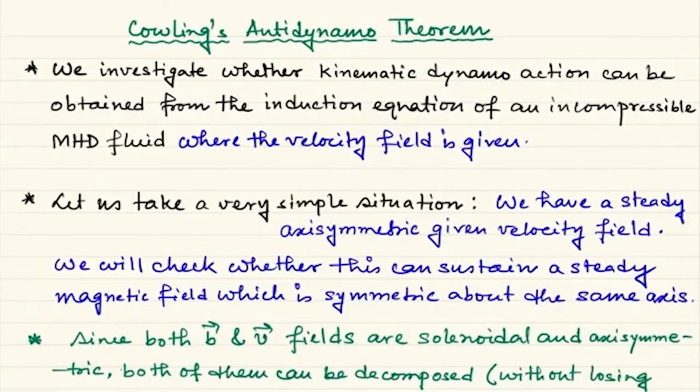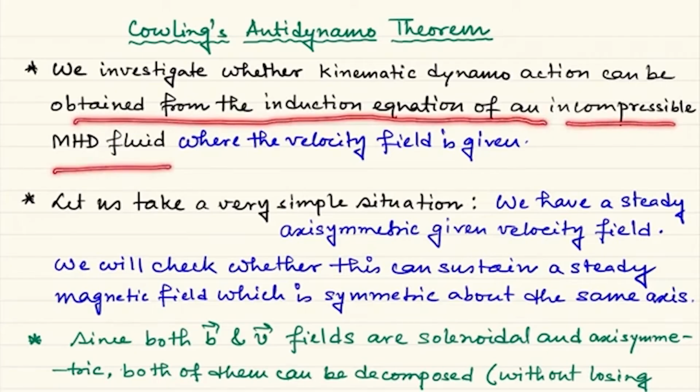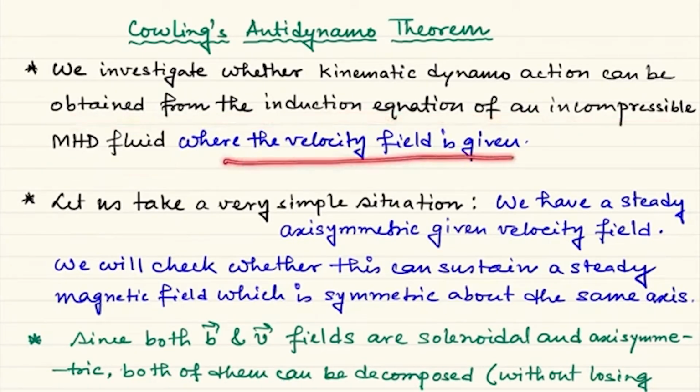This theorem is known as Cowling's anti-dynamo theorem, because Cowling was the first one who gave it. Here we mainly investigate whether kinematic dynamo action can be obtained from the induction equation of an incompressible MHD fluid where the velocity is given.